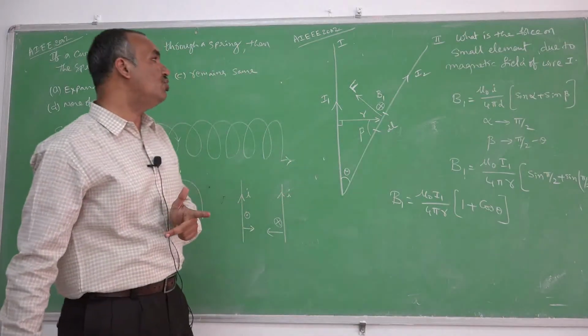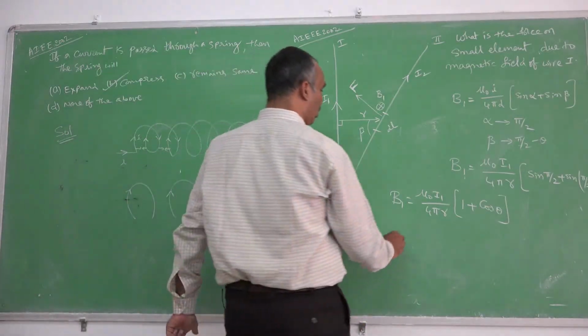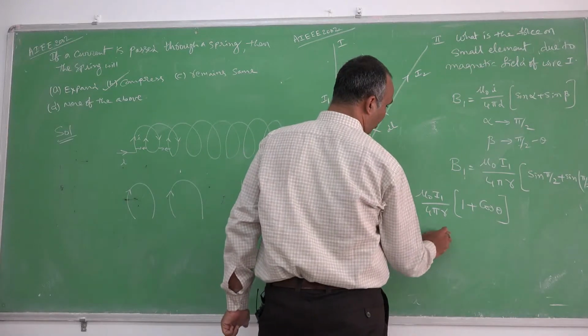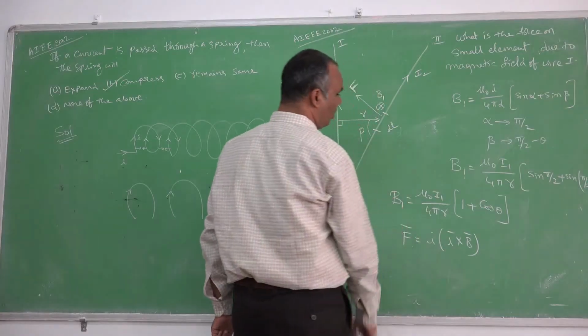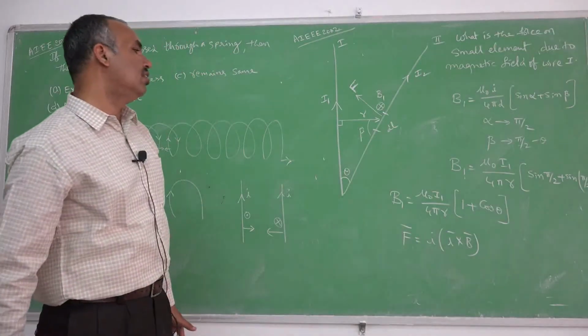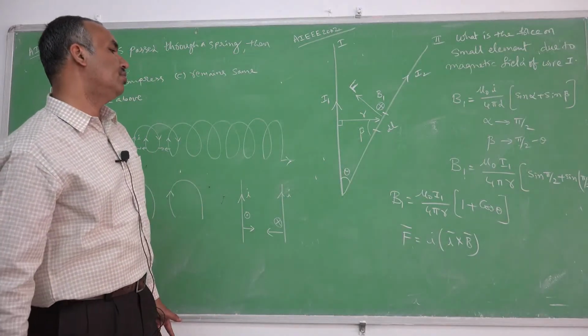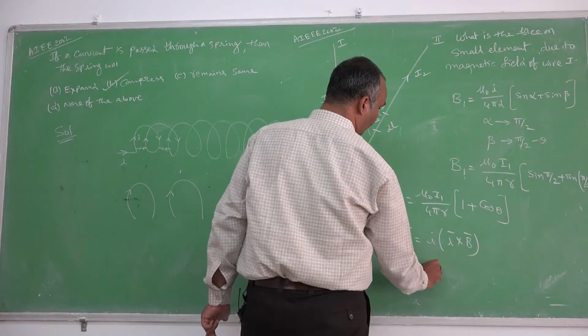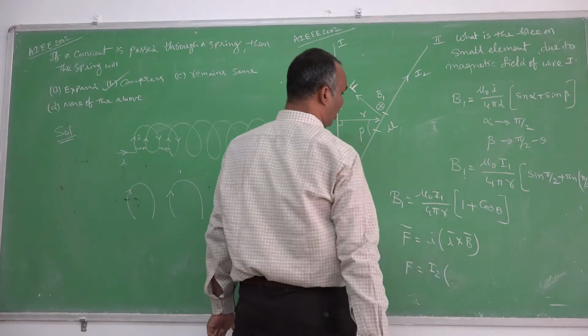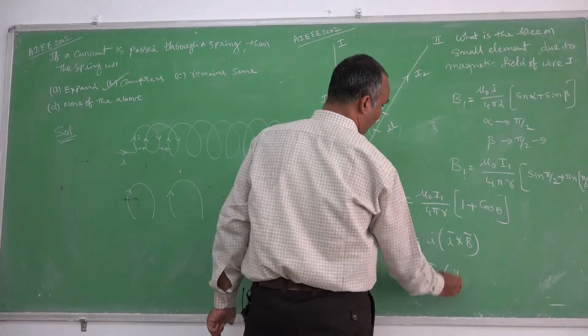We require the magnitude of that force. The force formula is I into L bar cross B bar. So, what is the strength of current passing through it? I2. The length of the element is dl.